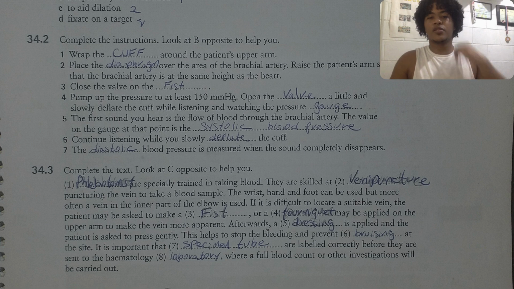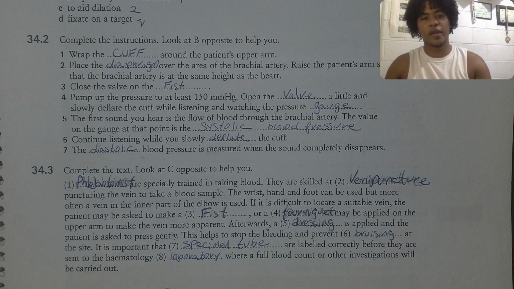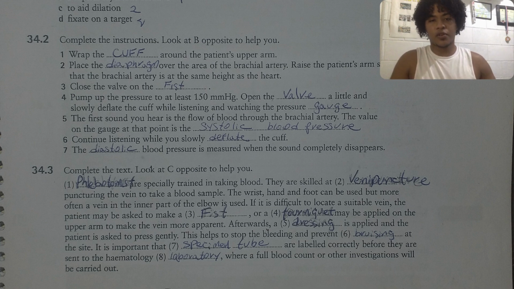If it is difficult to locate a suitable vein, the patient may be asked to make a fist, or a tourniquet may be applied on the upper arm to make the vein more apparent.